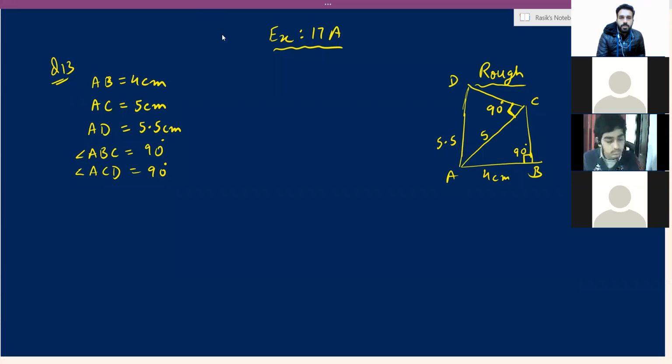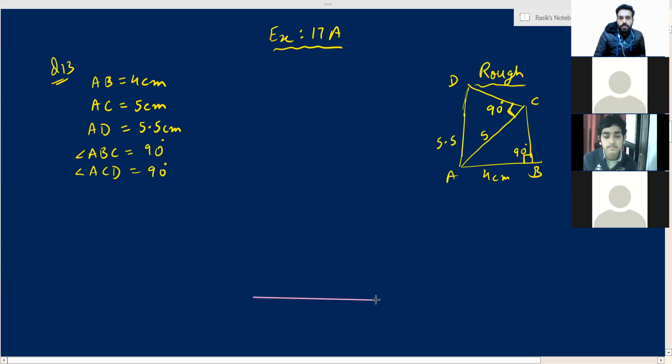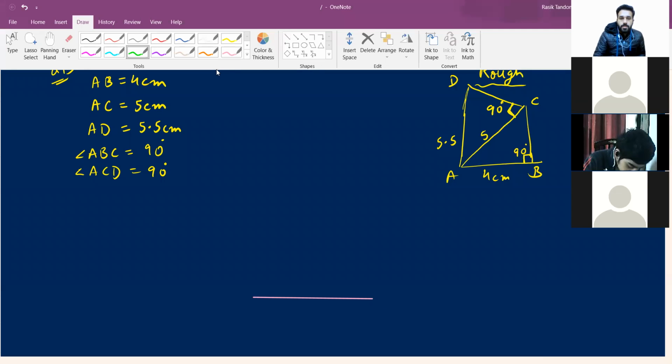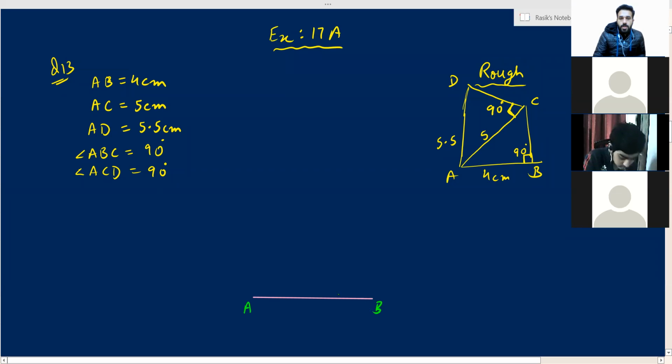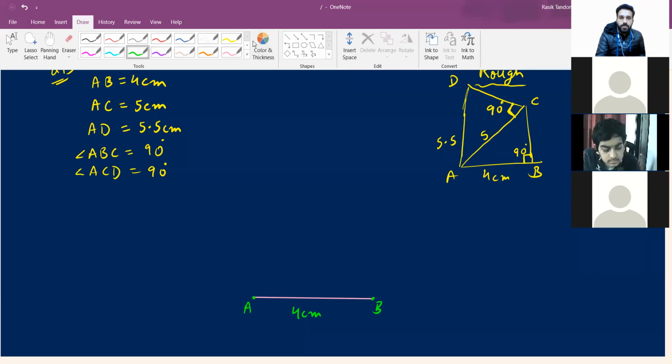So first of all, draw a line segment AB of 4 centimeters, everyone. Then we have to construct angle B of 90 degrees. Do you all know how to construct an angle of 90 degrees?